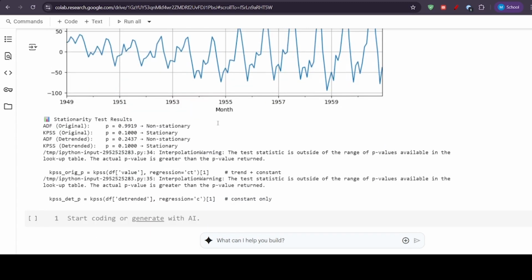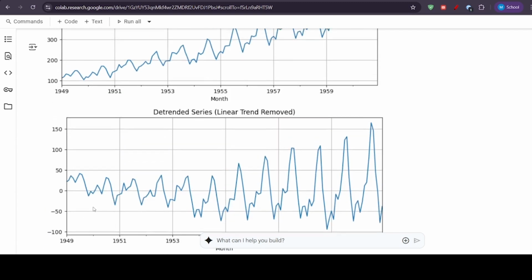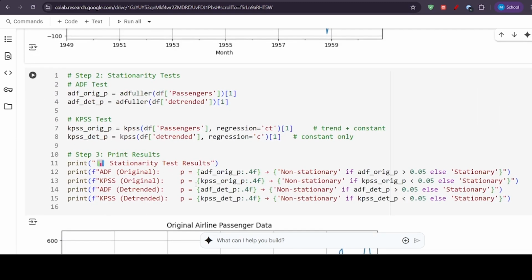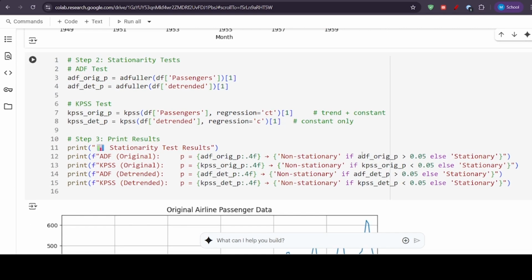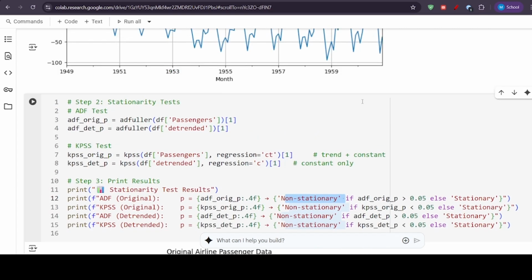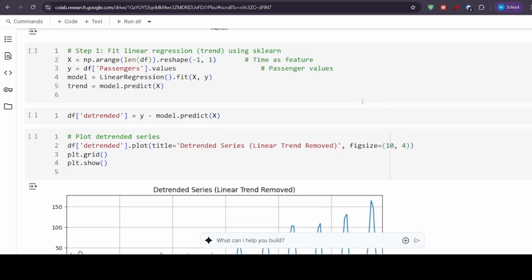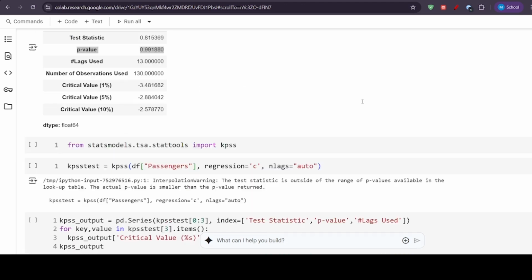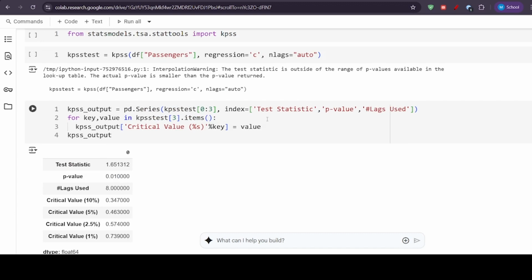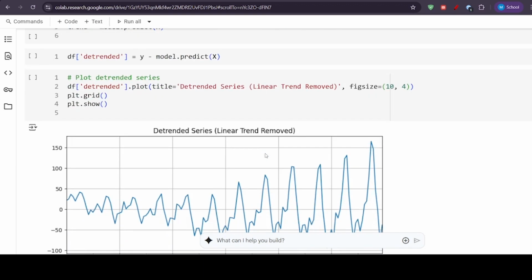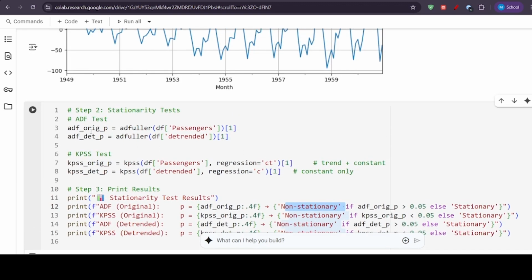Basically this is just a function I have written, where if it is non-stationary it will print. It's just whatever we did earlier. It was very difficult to write the code of each of them, you had to write all of this by yourself. But what you can do is run the AD Fuller test on passenger, and then on the detrended one I have stored here, and we are testing on that also.